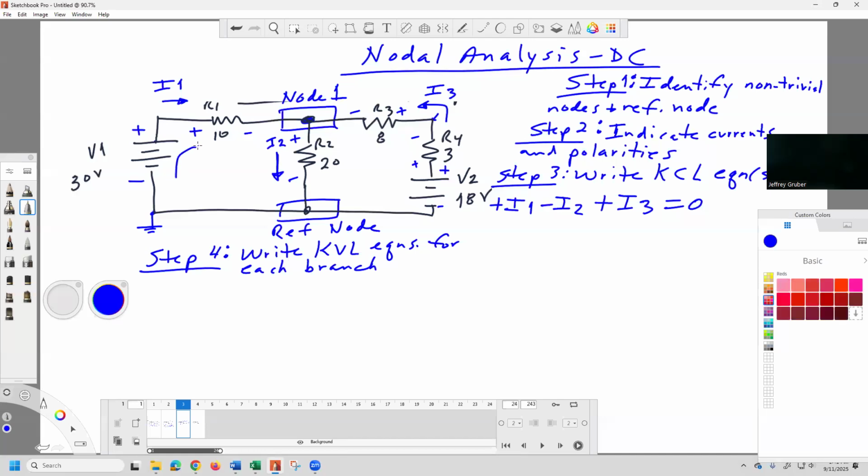I have a branch. Some current goes through here and it comes back. So that'll be number 1. So what do I have? I have a voltage rise. Look at minus to plus. That's a rise. Plus V1.